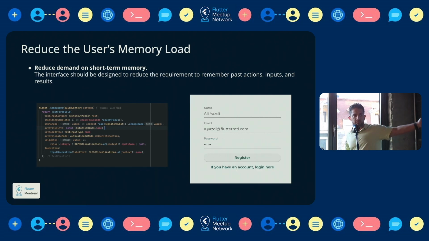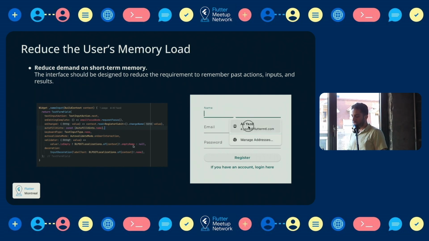And for the autofill hints, for example, this one is for the name input. We just put autofill.name. That makes your application remember that it is the name input, and the browser and the OS will understand what this text field is for.